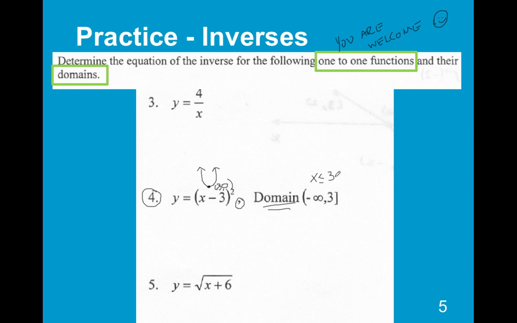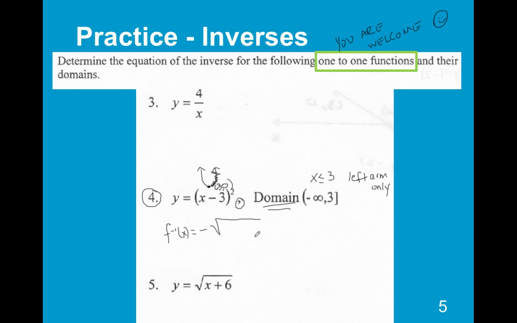If I'm only letting you graph from 3 and below, that means that the right arm is gone. So you only have the left arm only. That means your inverse is going to be a function, but will not have the top arm, right? What will it have? The bottom arm.